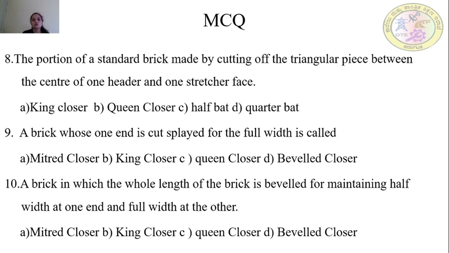A brick whose one end is cut splayed for the full width is called mitred closure. A brick in which the whole length is beveled for maintaining half width at one end and full width at the other is called beveled closure.